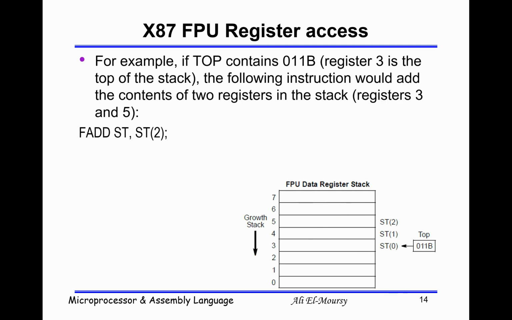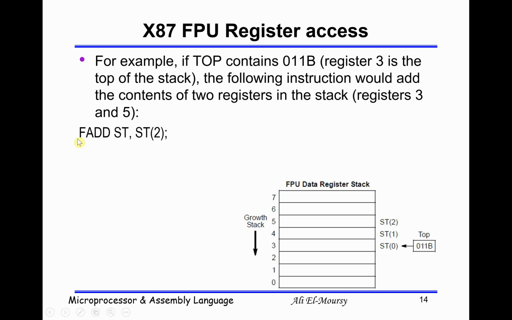Now let us take an example for an instruction to see how things are going. For example, if the top of the stack contains the value 110 in binary, which means register number 3, the following instruction will do the following. I have here fadd.